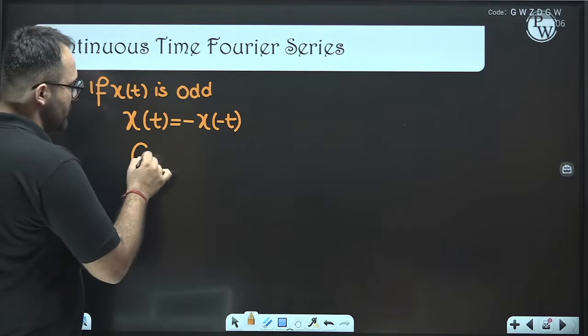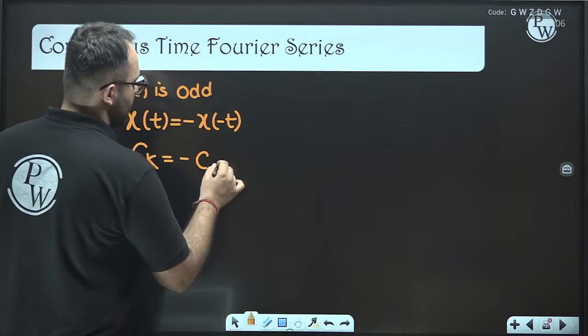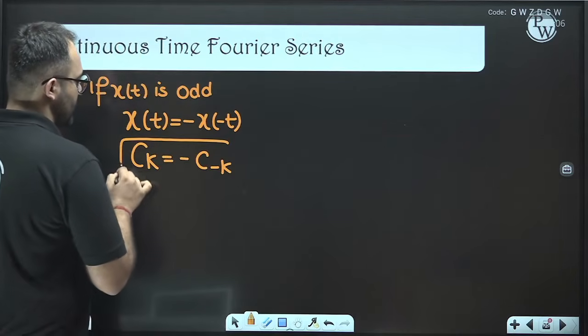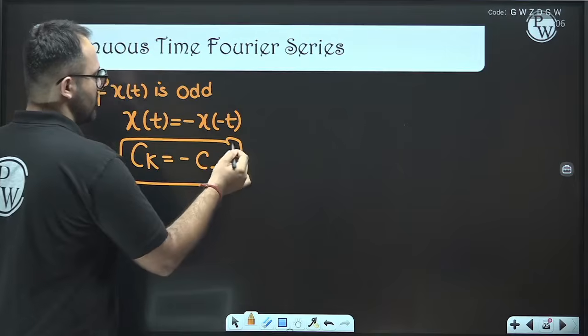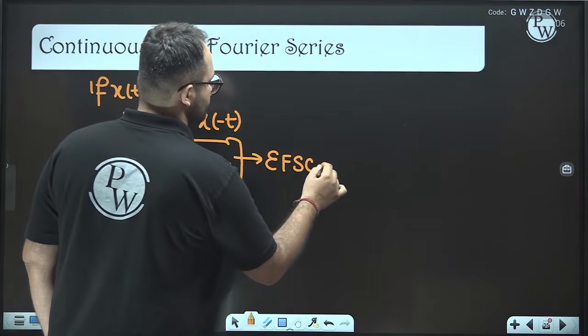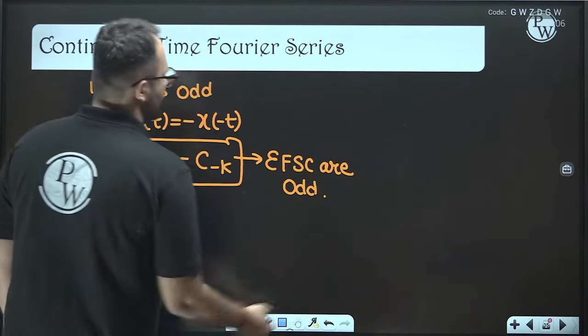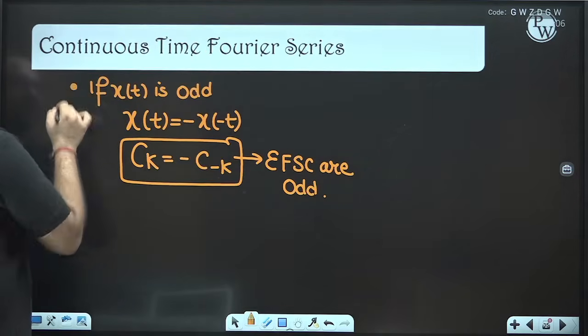So from the property we can say ck is equal to minus times c of minus k. That is, the exponential Fourier series coefficients are also odd.